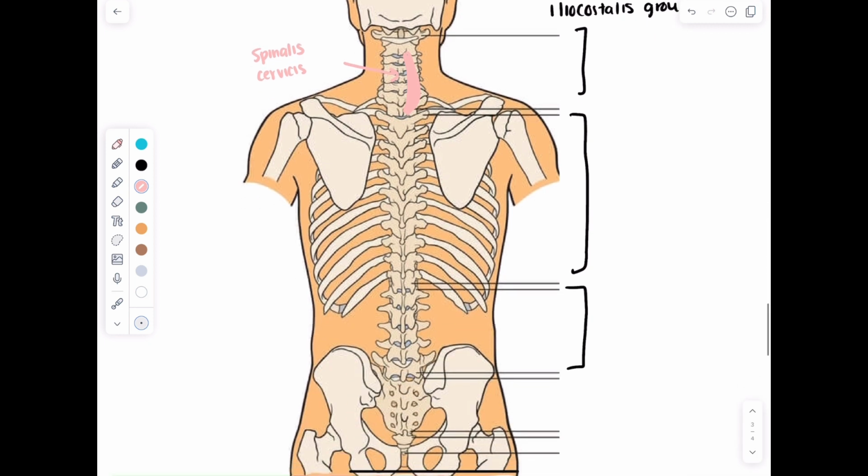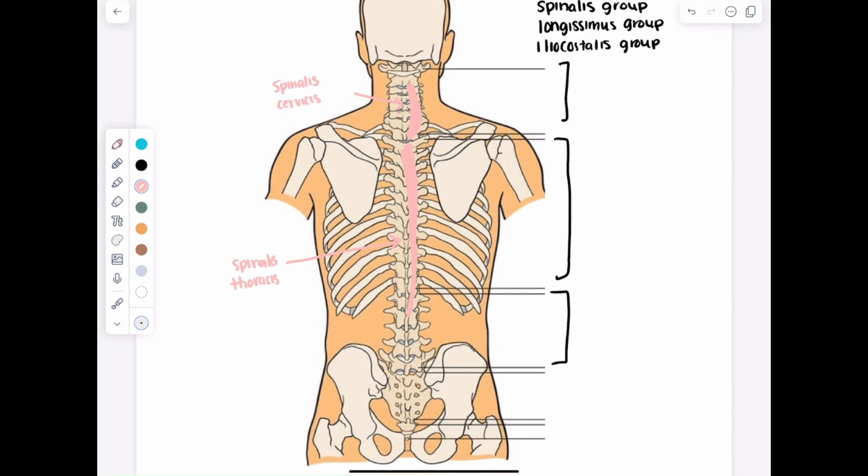Then we have, starting in the thoracic spine area and coming down, spinalis thoracis. It gets its name, spinalis, because it's attaching to the spinous processes. Okay, so that's what we're seeing there.